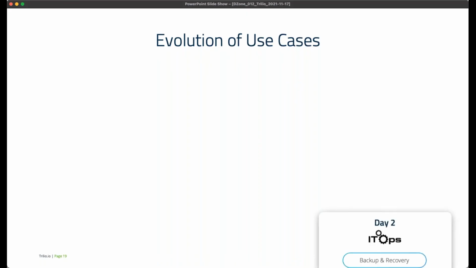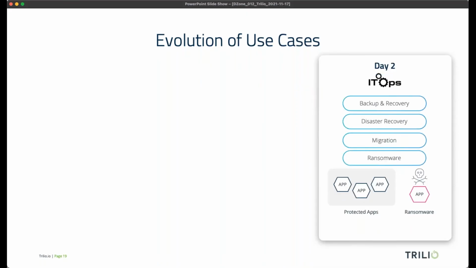So in summary, traditionally, we have taken a view of the world that backup and recovery is a day two operation. That's where life almost began with backup and recovery. It's almost like an afterthought, but it's an incredibly important tool when it comes to everyday operations.